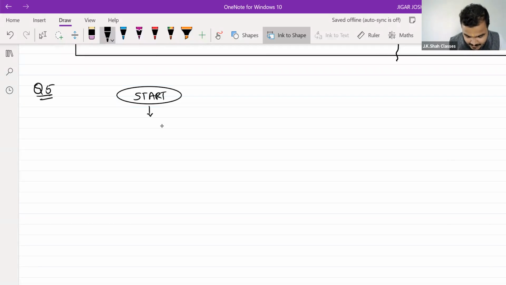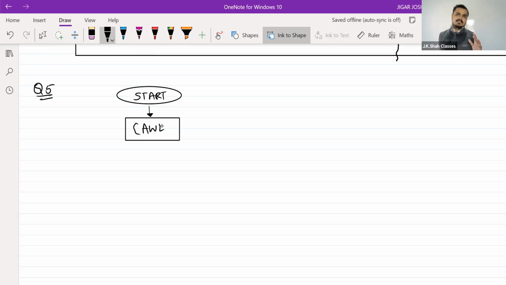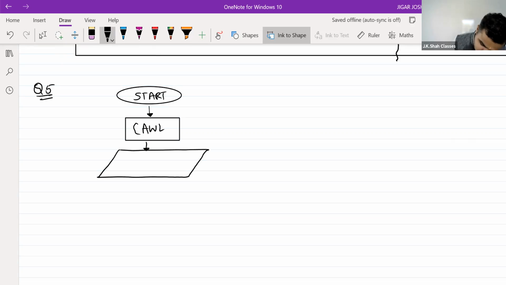After start, my dear charters, sir, CAWL. Agree? Yes. After that, sir, input NA, that is the nationality. Yes, sir. We need to ask the nationality.